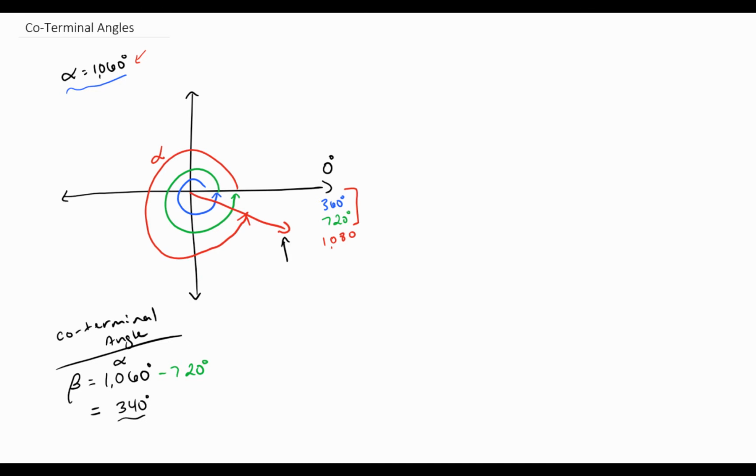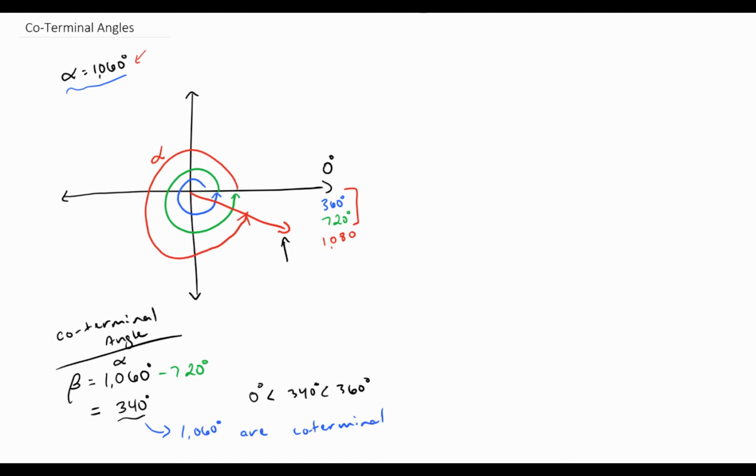Well, 340 degrees is in between 0 degrees and 360 degrees, so that doesn't have any extra revolutions. So what we're going to say here is that 340 degrees and 1060 degrees are coterminal.